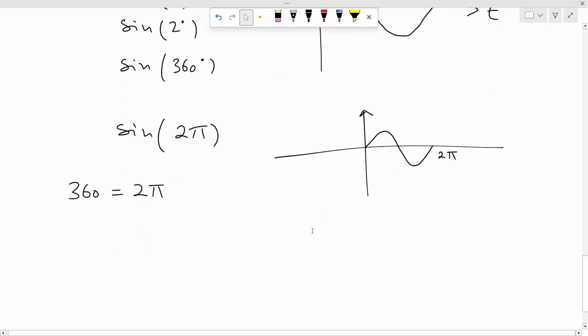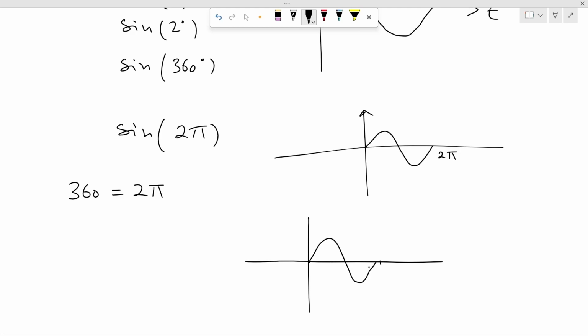If we want one cycle to be completed in, let's say, a variable till 1, what will we do? If we want 1 here instead of 2 pi, we will just divide the entire x-axis by 2 pi.